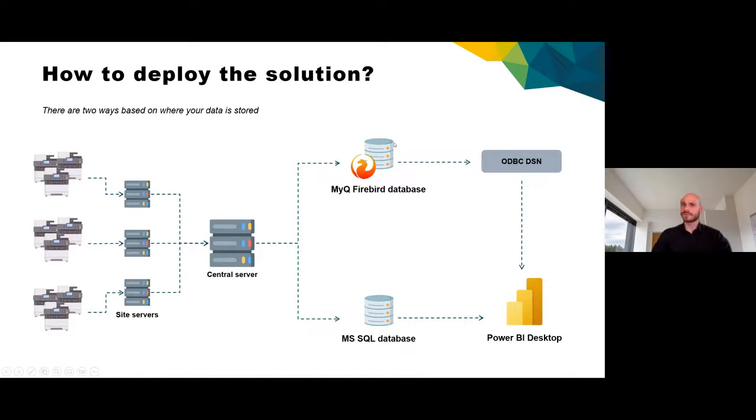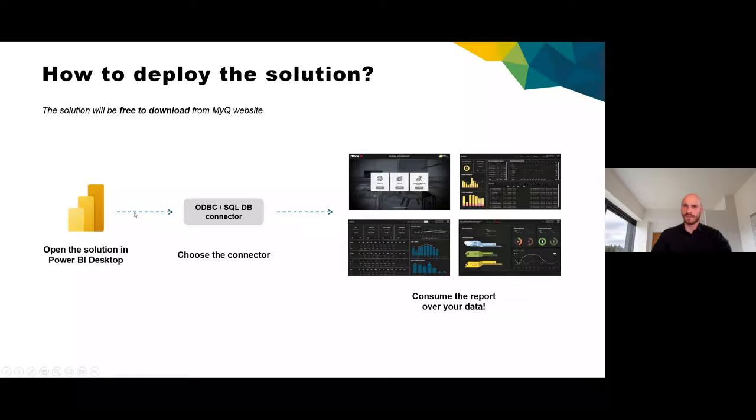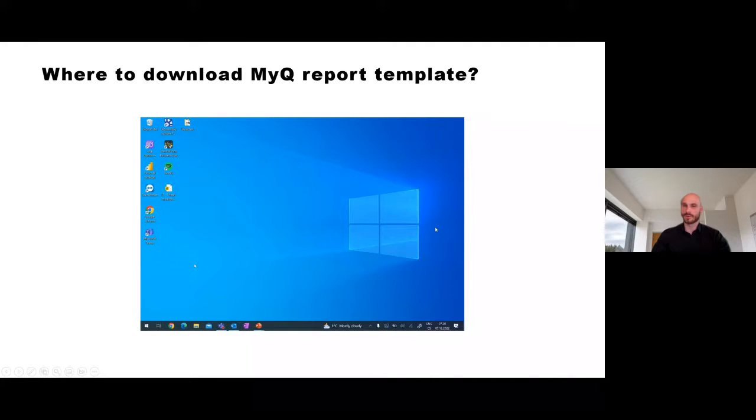What's important to mention is that there are two ways. You have MyQ Fiber database or MyQ SQL database right now, and it's really easy to connect it with this Power BI report. You just download it from the MyQ website, connect it with the data, and consume the report over your own data.